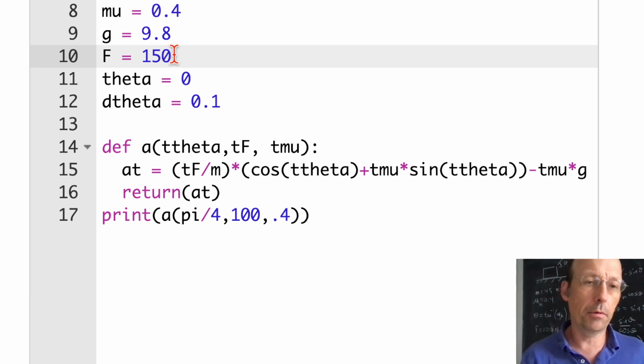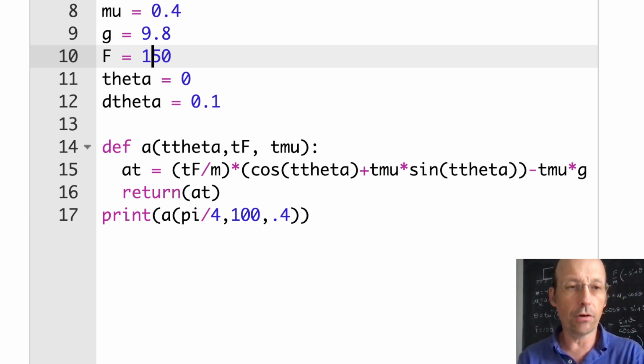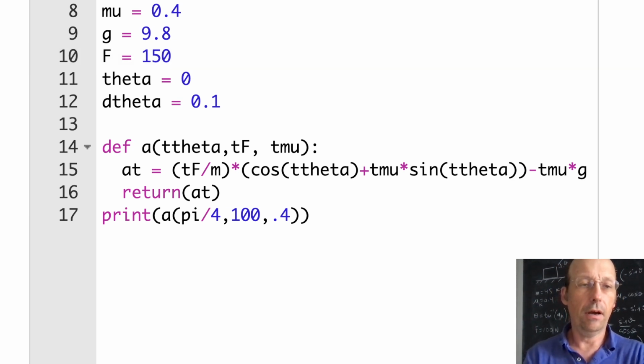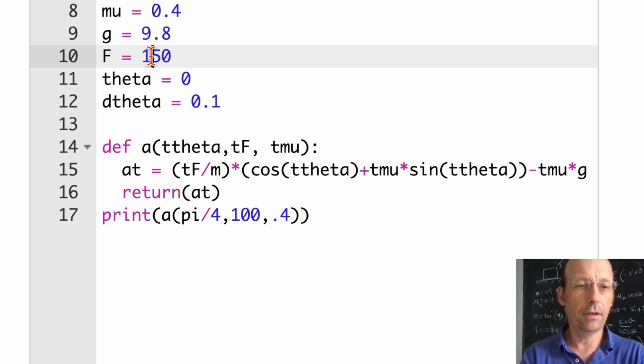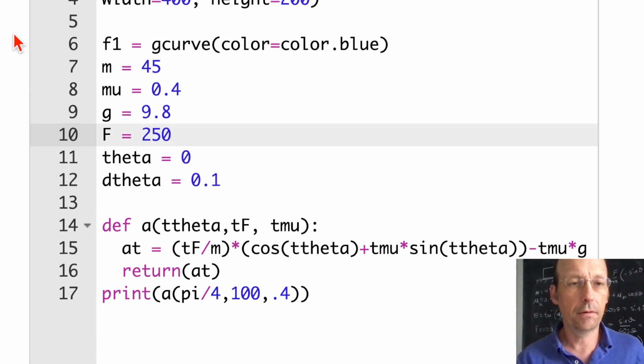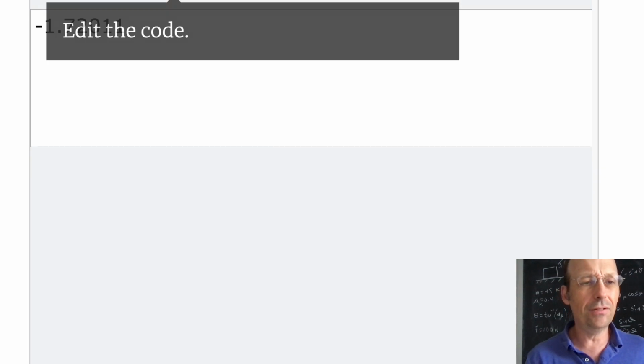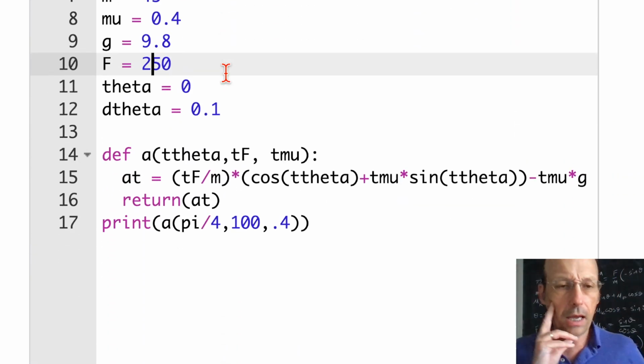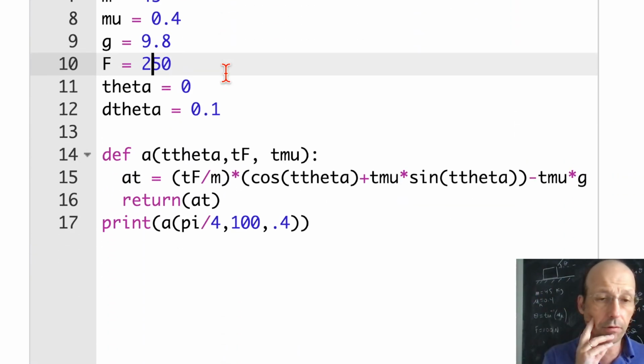Let's try that a little bit bigger. Let's just try this at 250, because if the force is not great enough, it's not going to be enough to overcome friction. It's still negative. A pi over 4, so 45 degrees.